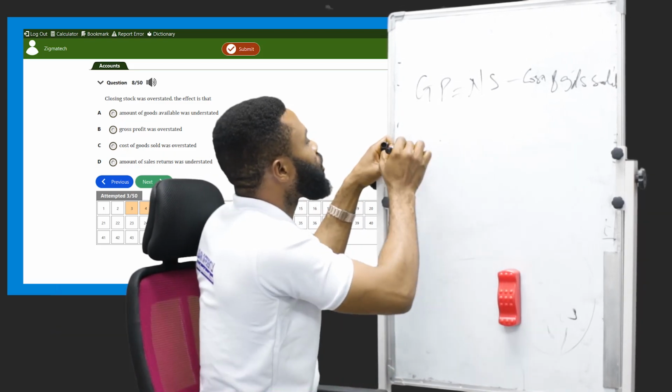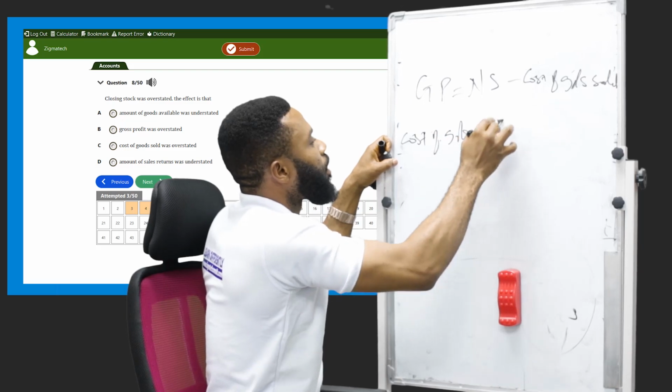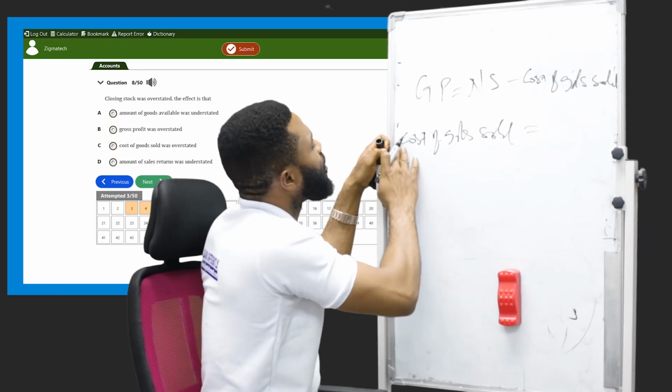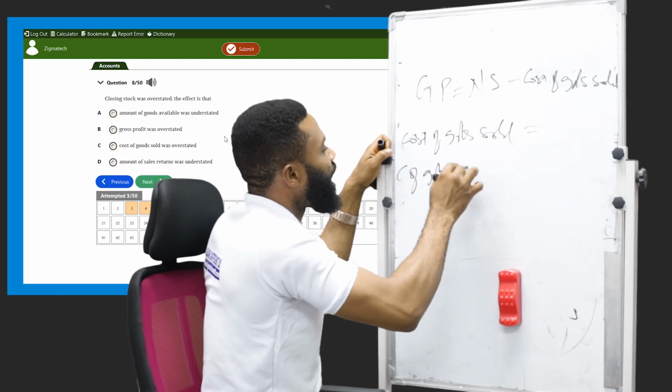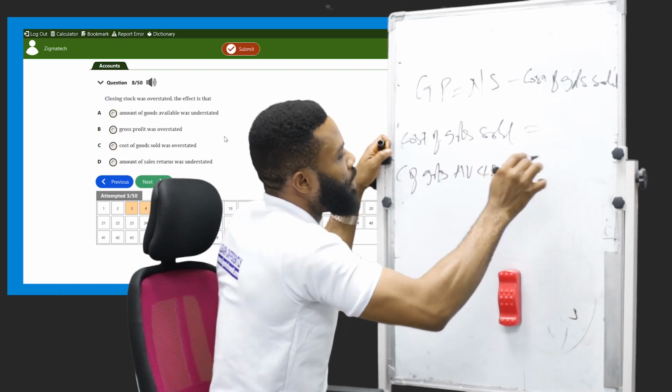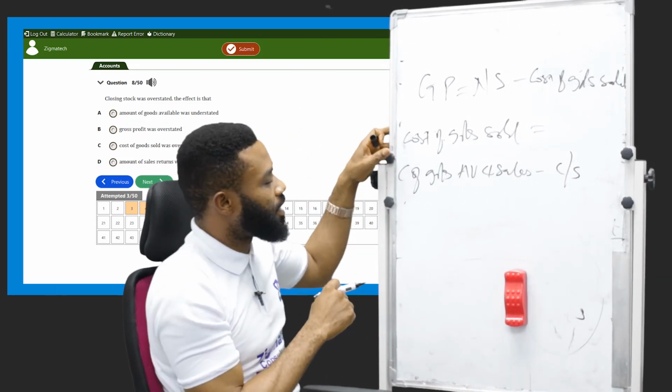Now, we said cost of goods sold is equal to cost of goods available for sales minus closing stock. This is where our emphasis lies.